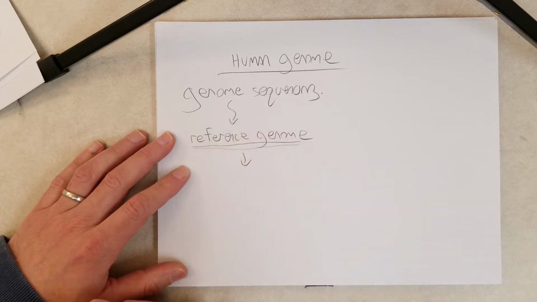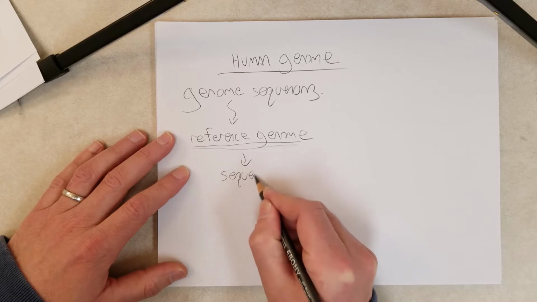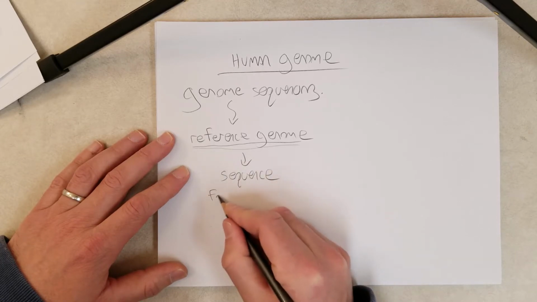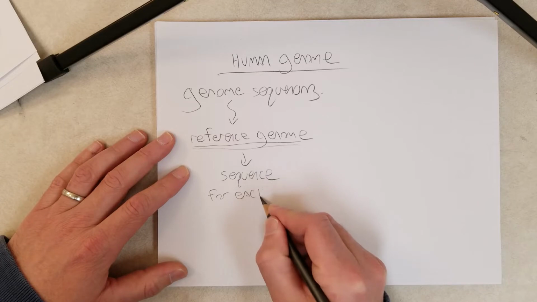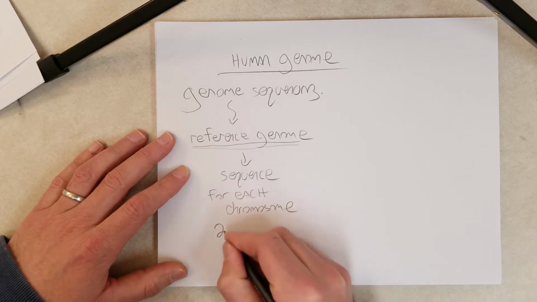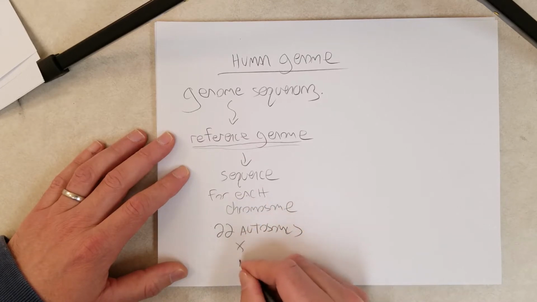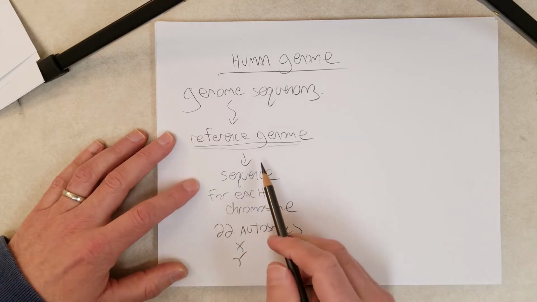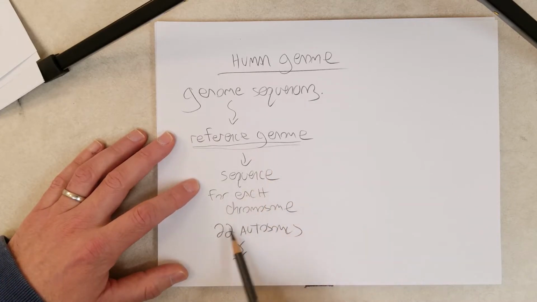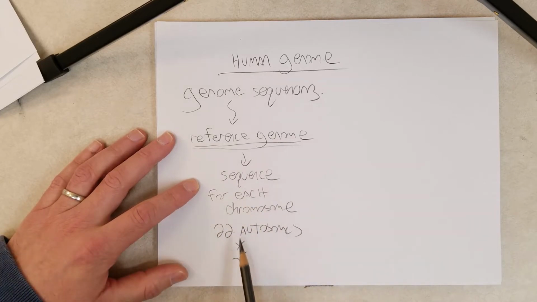So what does the reference genome have? Essentially it has a sequence for each chromosome, right? There are 22 autosomes and 2 sex chromosomes. If you looked at the reference genome, you should find at least 24 sequences, one for each autosome, the X chromosome, and the Y chromosome.